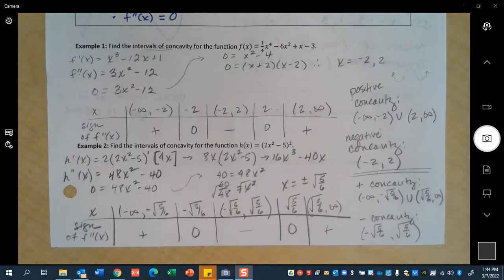Once I get those critical points, then what I'm looking at is what happens on all the spaces in between. What happens leading up to it? What happens between them? And what happens after them? Because I know at them, my second derivative output is equal to 0.